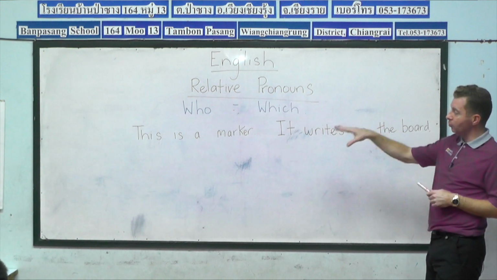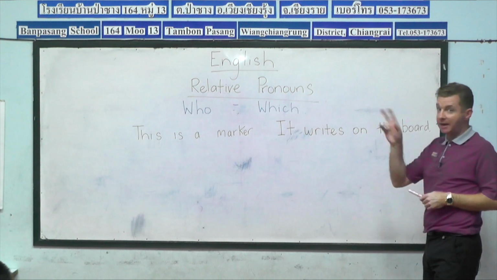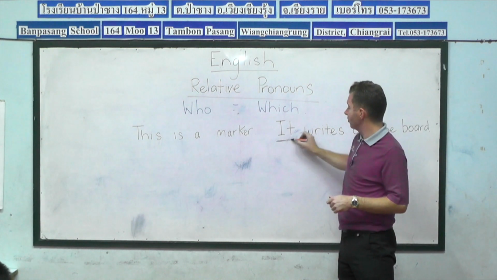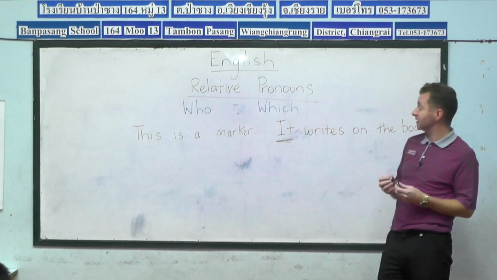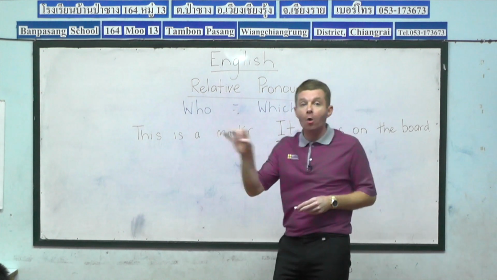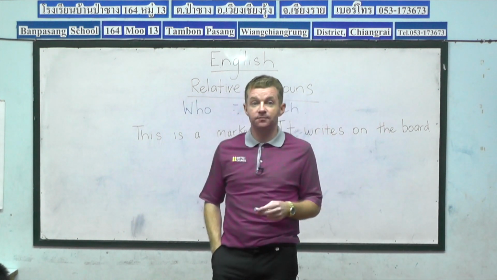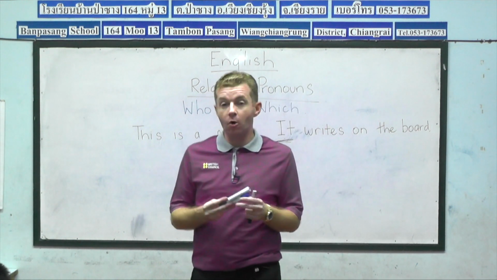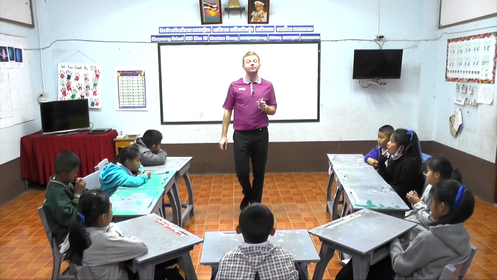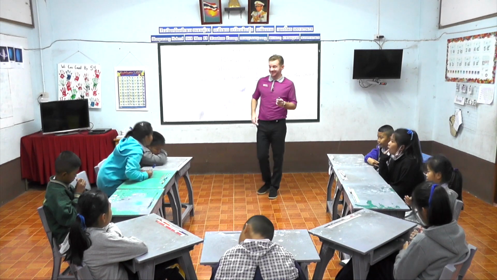Okay, so we've got two small sentences. No relative pronoun, yes, but what I need now is a student to come forward and show how to replace this word here with the correct relative pronoun to make one longer sentence. Pak Bung, come and join me at the front of class, please.